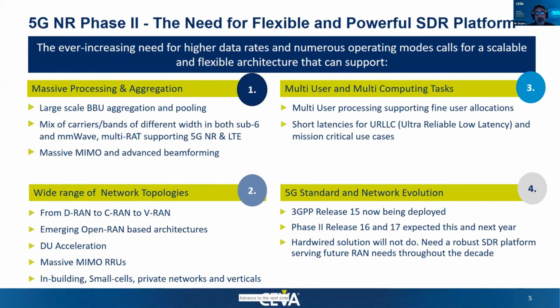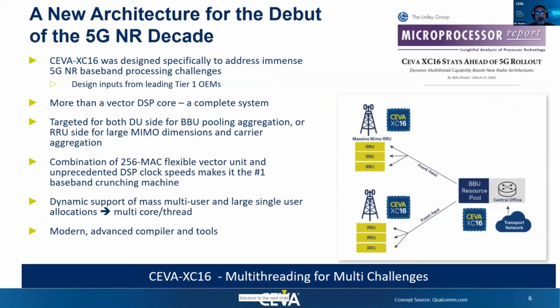So for all these reasons, we introduced the new CEVA-XC16, which is based on our Gen 4 XC. We designed it taking the design inputs from the leading tier 1 OEMs that now deploy 5G systems. But as I will show in a later slide, the XC16 is much more than a vector DSP.